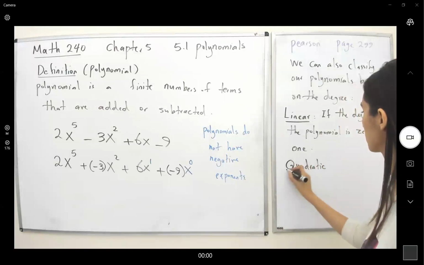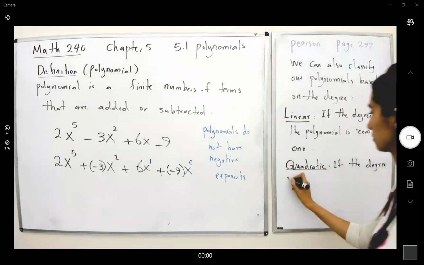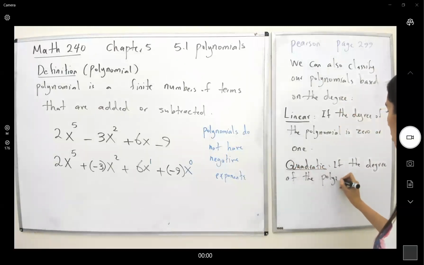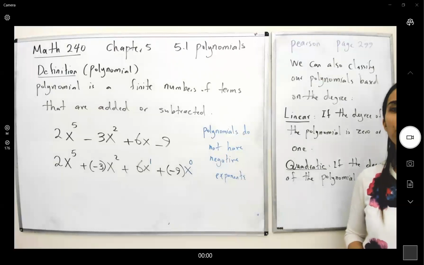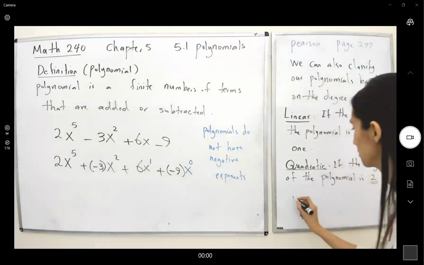Quadratic, if the degree of the polynomial is 2. We say we have a cubic expression if the degree is equal to 3.